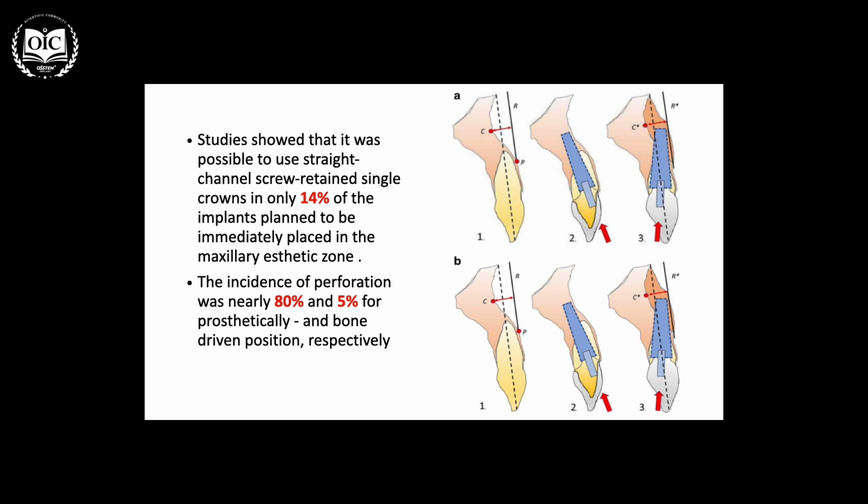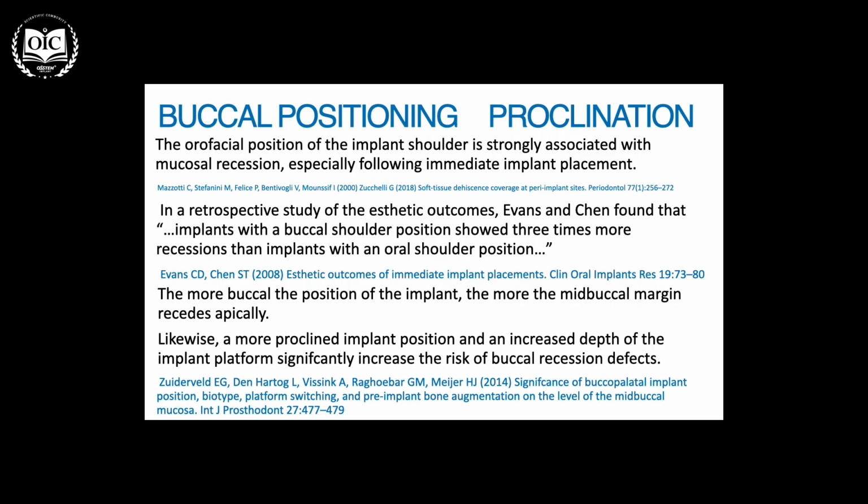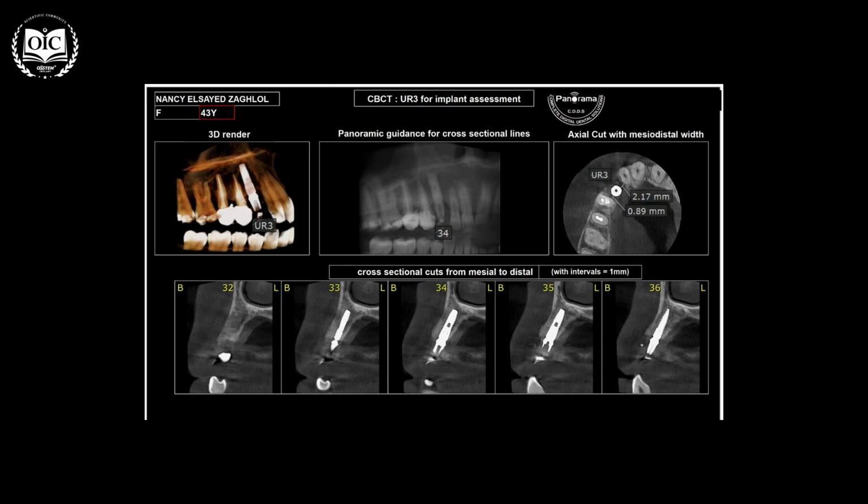So as much as possible, keep the implant position in a bodily palatal position to minimize this effect, the position of the platform of the implant. Whenever palatal is better, it's going to save you some bone loss on the buccal contour and cause fewer complications with time.